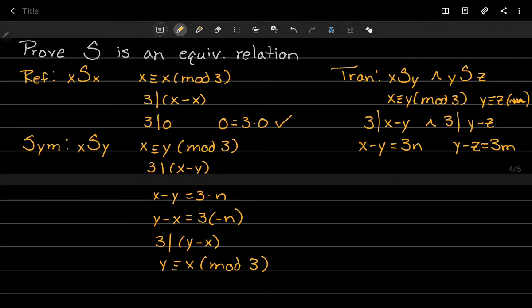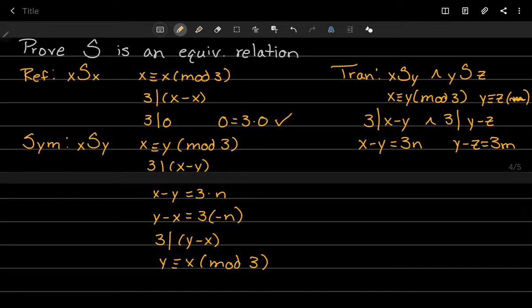But look at that, if I add these together, x minus y plus y minus z, that's going to give me x minus z, and that's going to be 3n plus 3m, but that's just 3 times (n plus m).